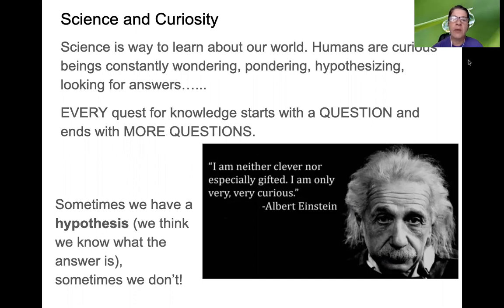Every quest for knowledge starts with a question and ends with more questions usually. Hopefully, we'll get an answer to our original question, but usually our investigations yield more questions. The more you know, the more you know that you don't know. Sometimes we may even have a hypothesis, we may know what the answer is, but sometimes we don't.